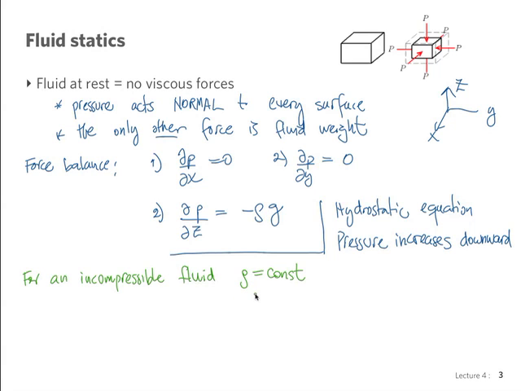But if the flow is incompressible, then rho is a constant, and then we simply have delta P is equal to minus rho g delta z, or rho g h if h is measured downward. So we can get rid of that minus sign and think of h measured downward from the surface of the water, say. Rho g h, or gamma h, would be the case for an incompressible fluid. So the pressure depends only on depth.